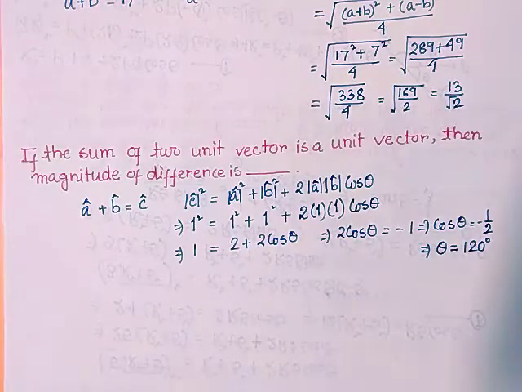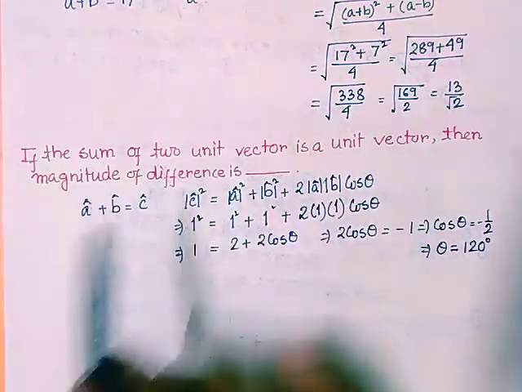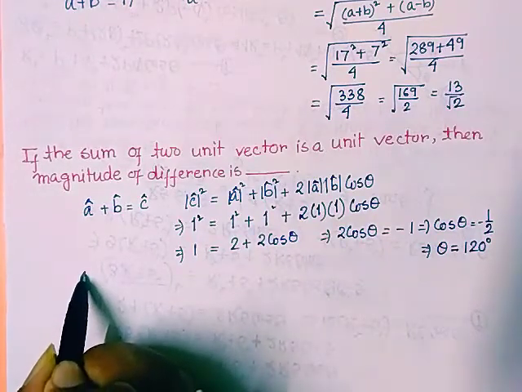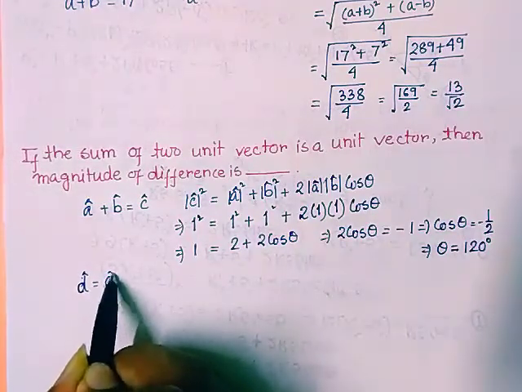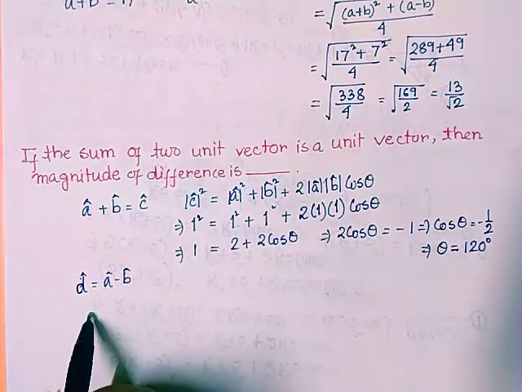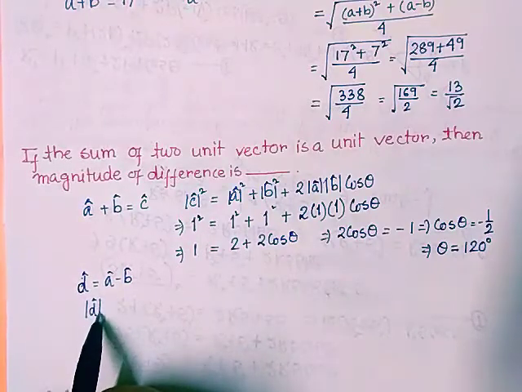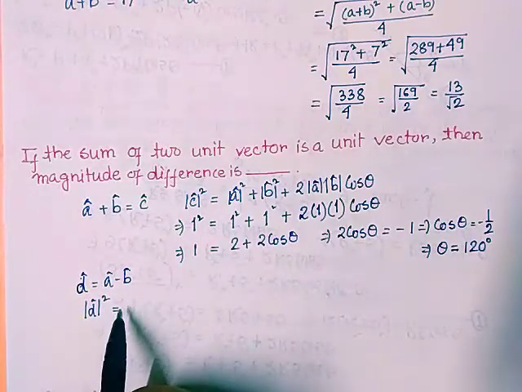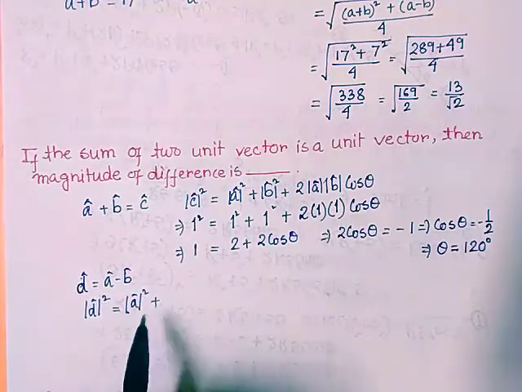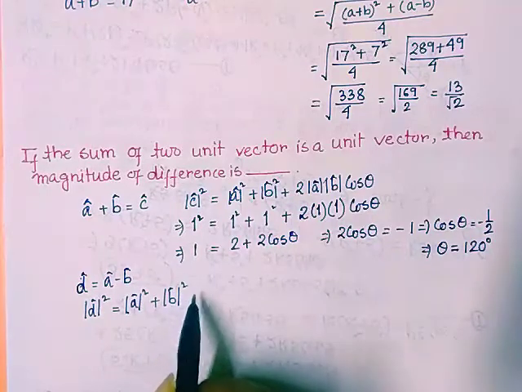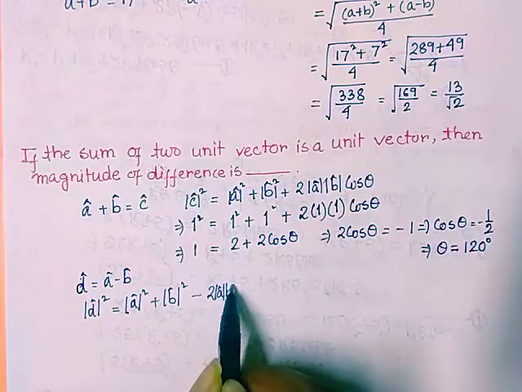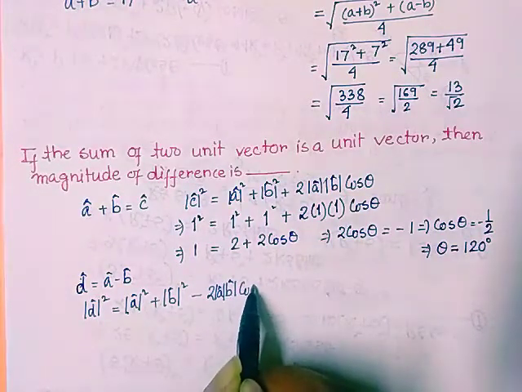Okay, so what is the magnitude of the difference? You have to find out that. I consider it as a d vector. D vector equal to a cap minus b cap. You have to find out the magnitude of the difference. So the difference's magnitude square is equal to a square plus b square minus 2 a b cos theta. Okay, I think you understood this thing.